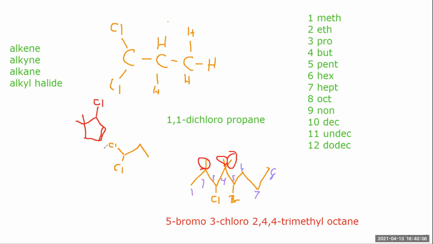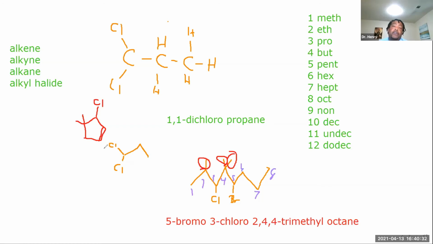All right. Let's see. Cyclo. 1, 2, 3, 4, 5. Cyclo... pentene. Cyclopentene. Which way do we count?